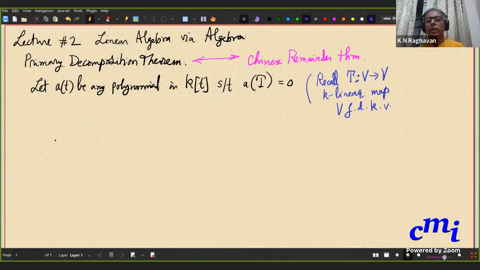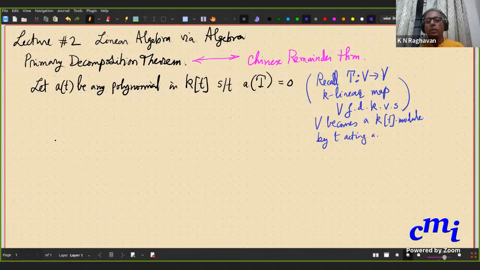And we make this V into a K[t] module by T acting as t.